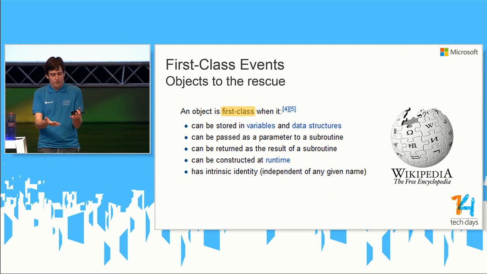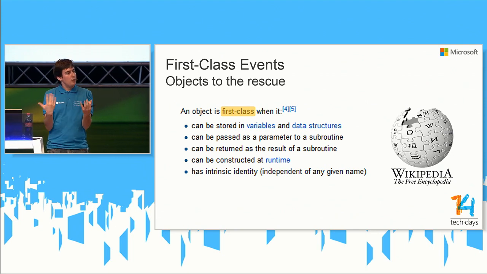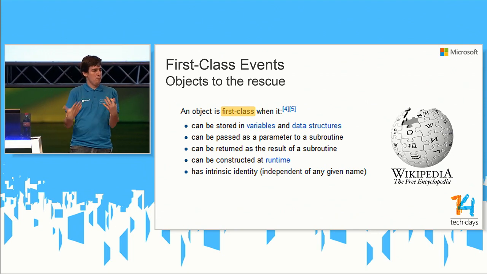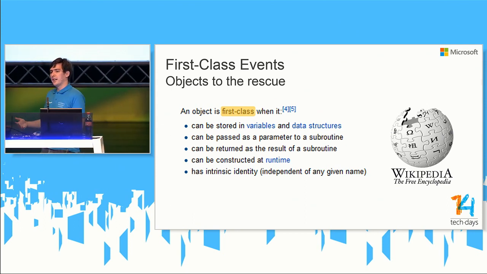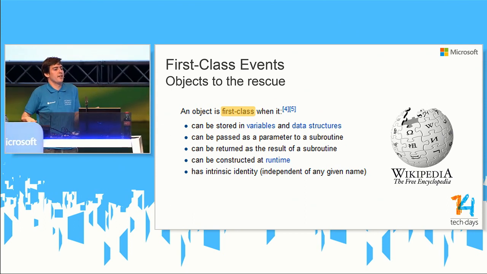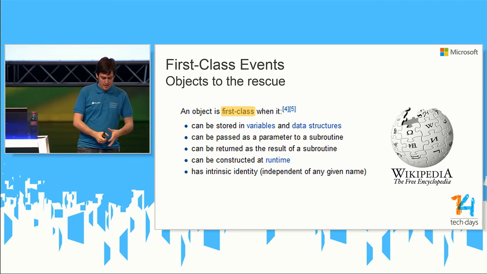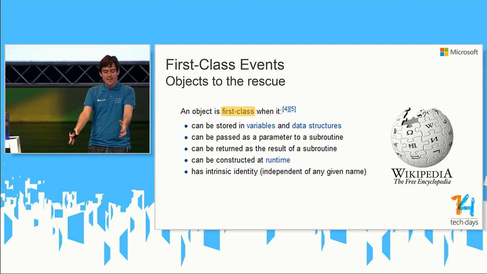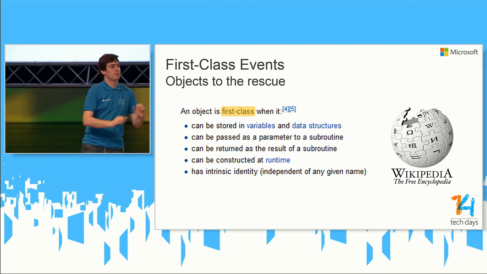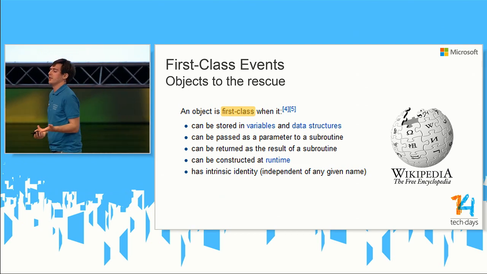An event is just, as you know, a combination of an add and remove handler method that gets a piece of metadata on top, and that's what causes it to look like a lightning bolt in Visual Studio, the fact that there is some metadata. But other than that, you can't really grab an event and say, this is a great event, let me give that to some library to do something with the event. You can't pass those guys around.